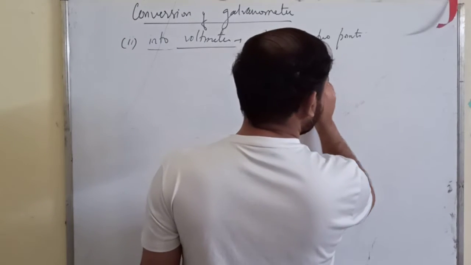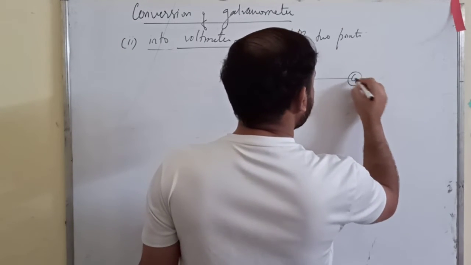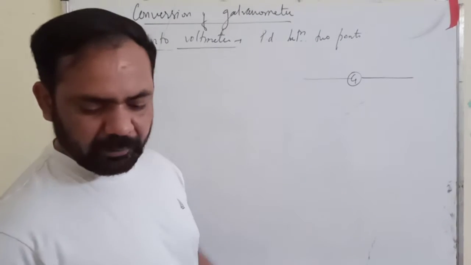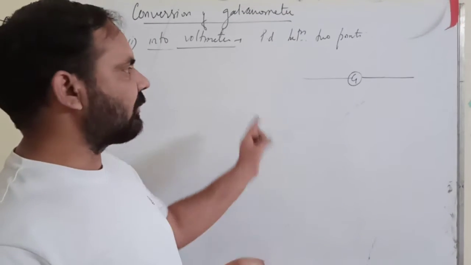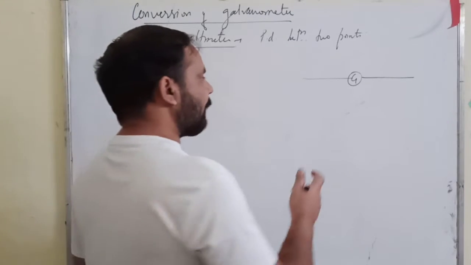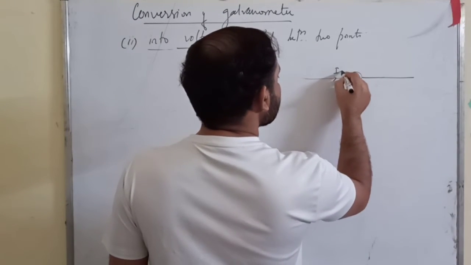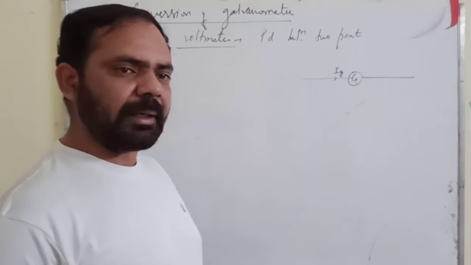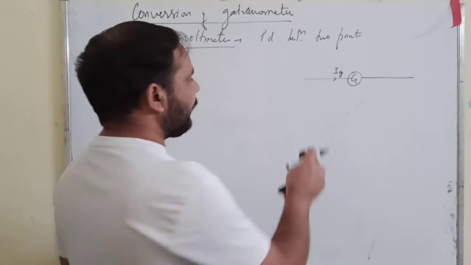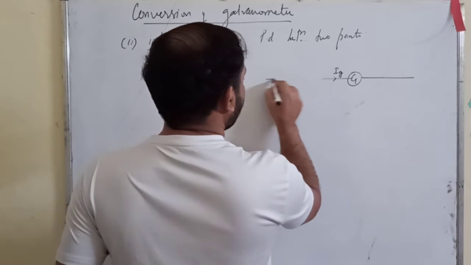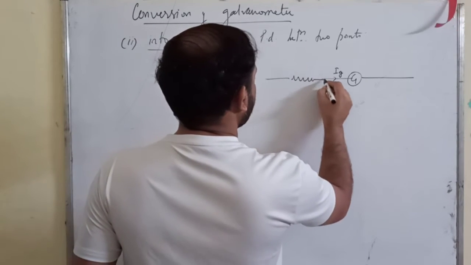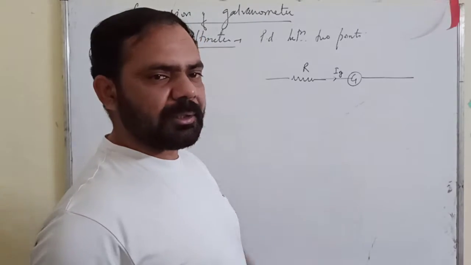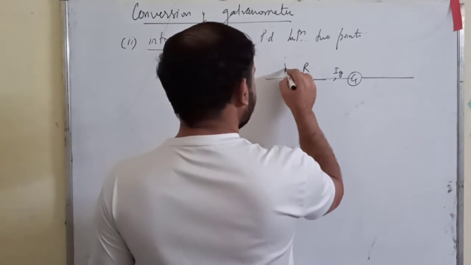Now again we have G. Now we want to convert this galvanometer to a voltmeter. How much current can flow through G? It is Ig, the maximum safe current that can flow through the galvanometer. Now what we do here is we connect a high resistance in series with the galvanometer.